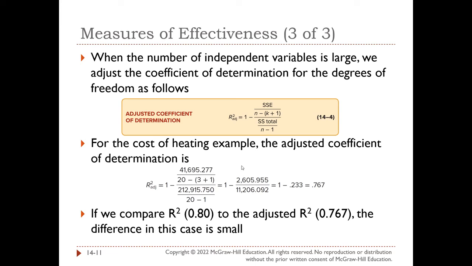For the cost of heating example, the adjusted coefficient of determination, after we pull everything from our charts, equals 0.767. If we compare r squared to the adjusted r squared of 0.767, the difference in this case is small. We're not really seeing a lot of change.